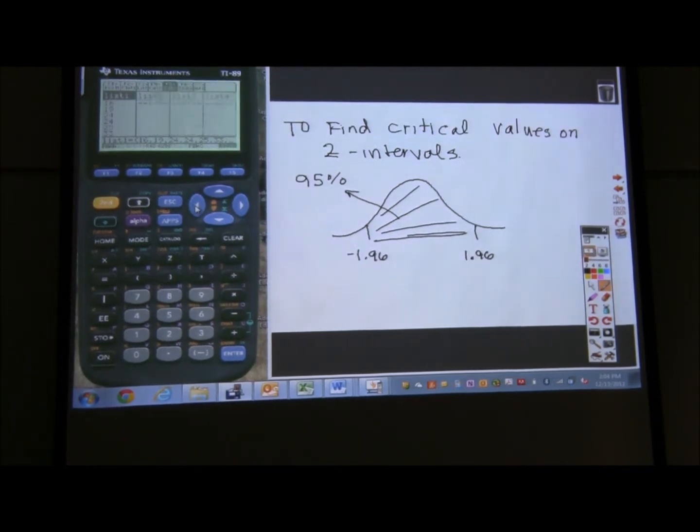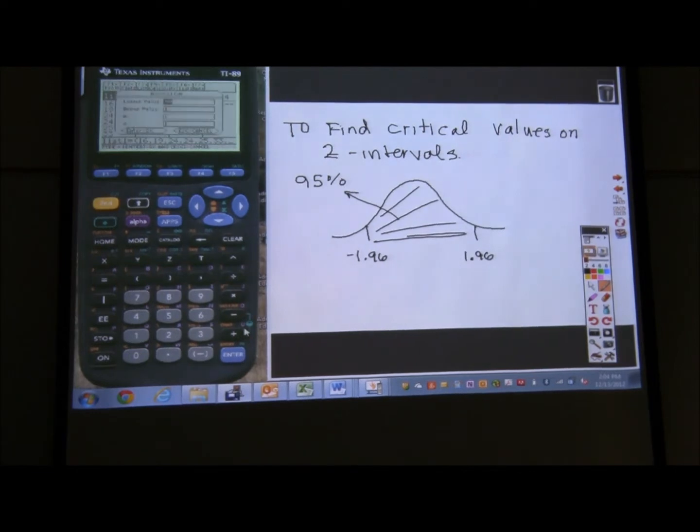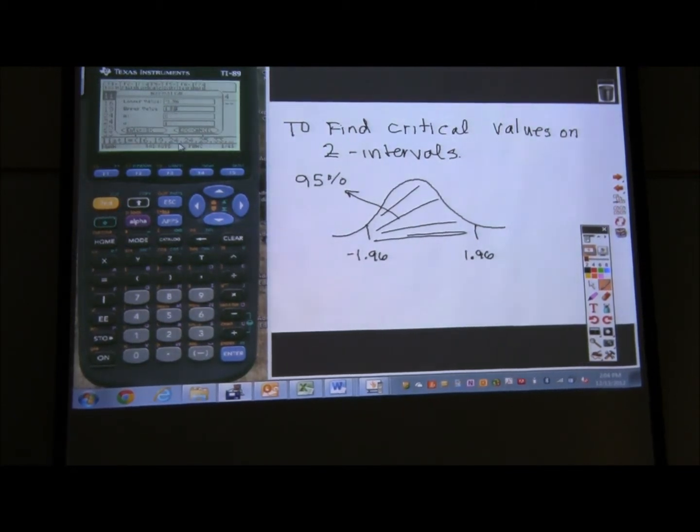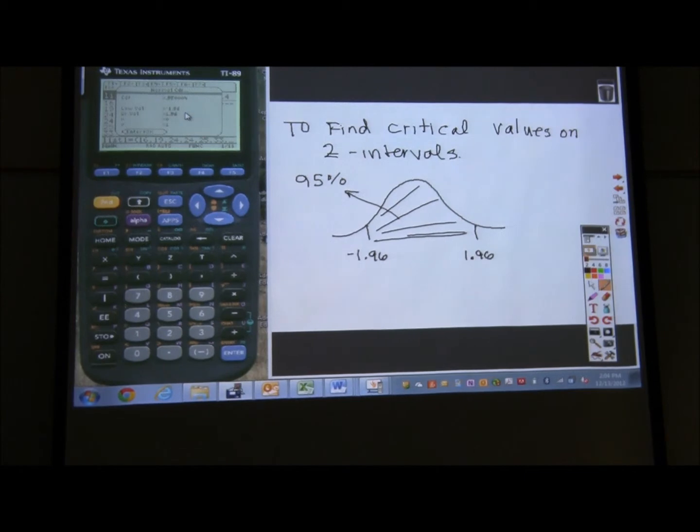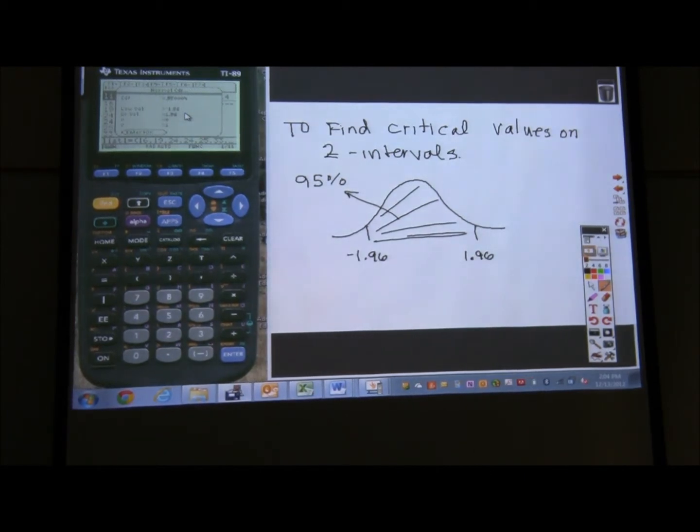If I go to normal CDF and I choose negative 1.96 as my lower limit and 1.96 as my upper limit and 0 and 1 as my standard deviation and hit enter, notice right here I get 95% for my area. 0.950000 and then a 4 little rounding error, but it's 95%.